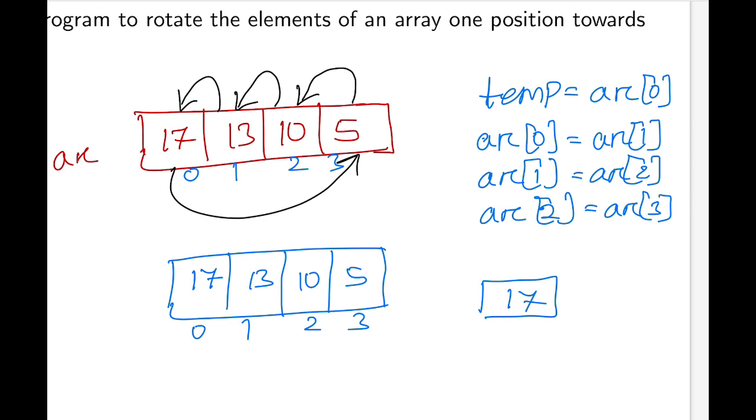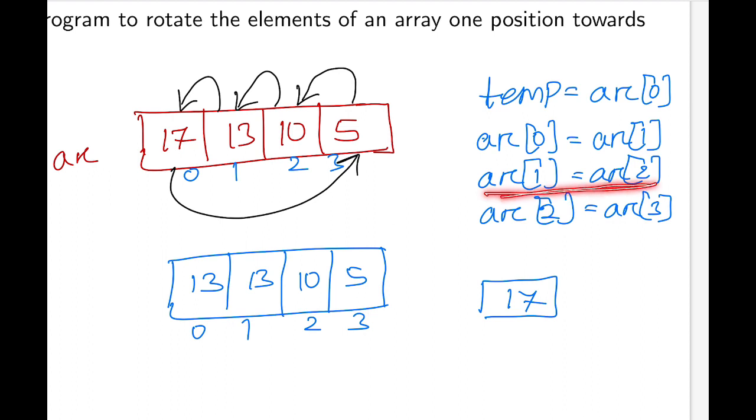Now after execution of this one, ar[0] equal to ar[1], that means this one is coming here. So we can write like this. 13 comes here. So after execution of this statement, ar[0] equal to ar[1], the array looks like this: 13, 13, 10, 5.